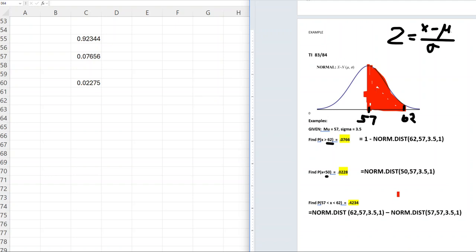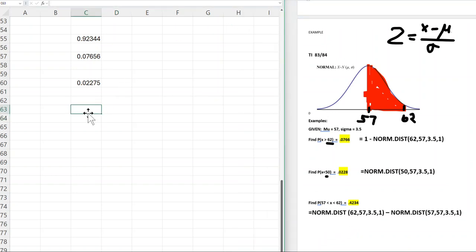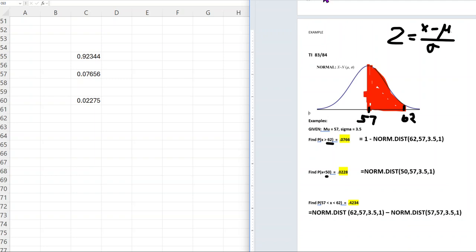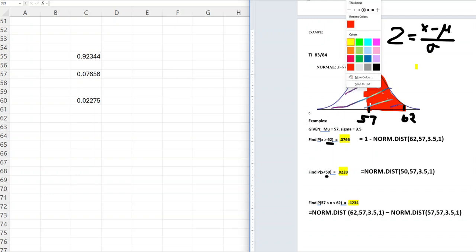Just like I did before, I need to take the area to the left of 62, which is this whole area here, all the way to the left of 62. And then I need to subtract the area to the left of 57.